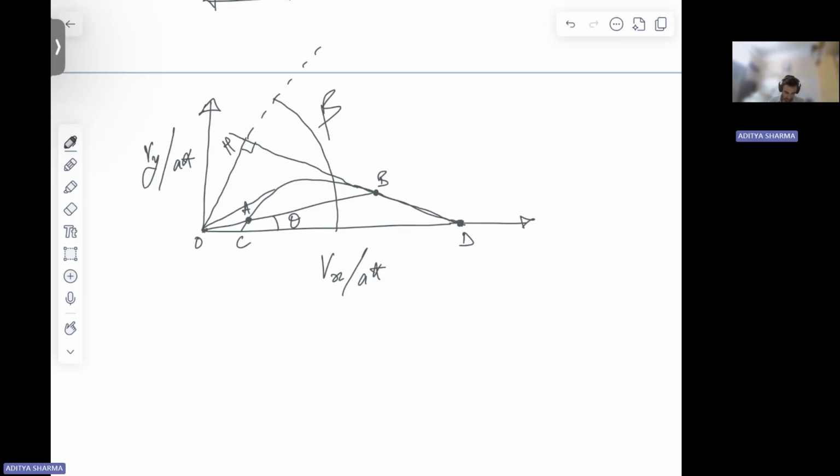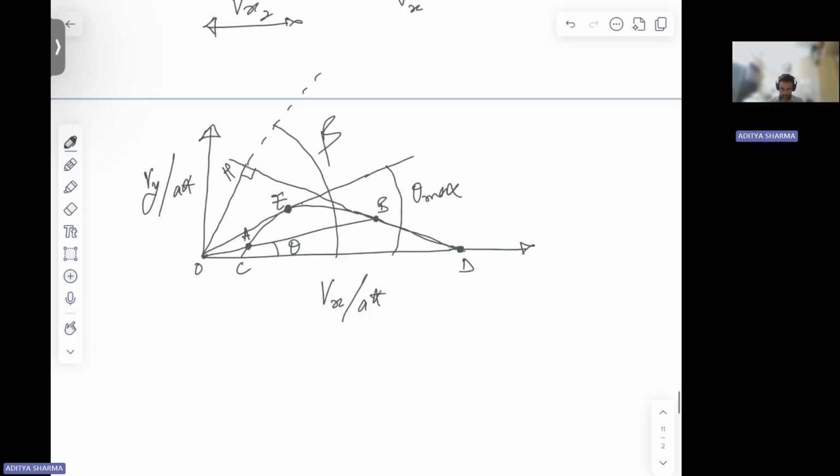And if I join this with point E, this angle is your theta max. Beyond this, if theta increases, then you're going to get a detached shock. So this is your shock polar.